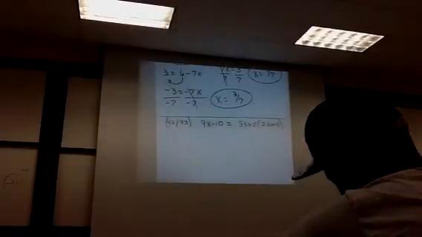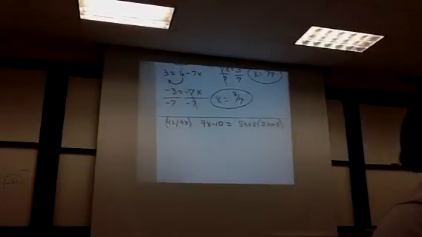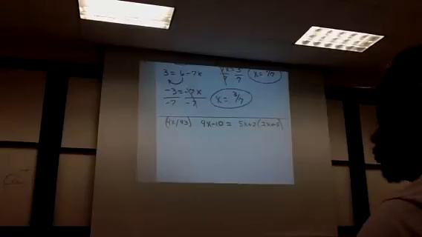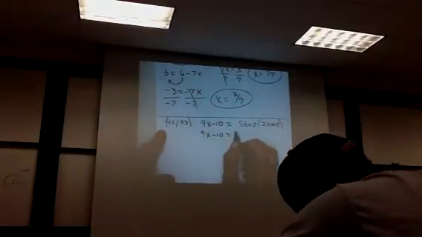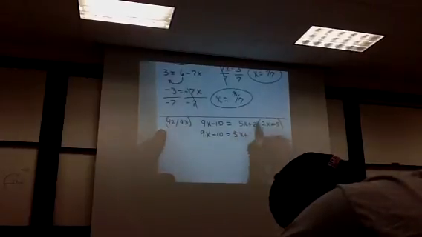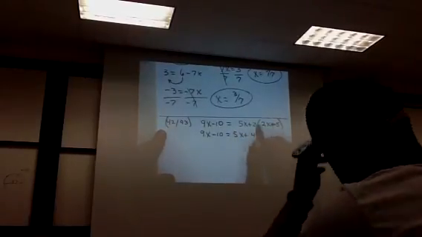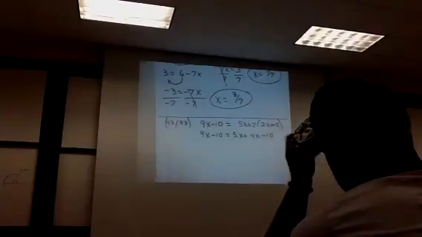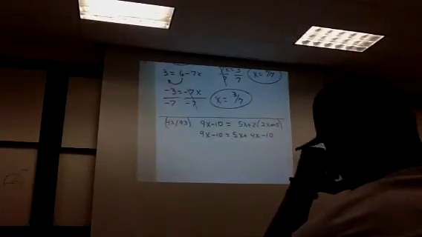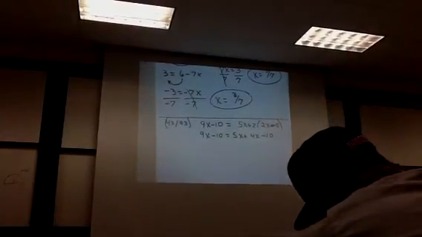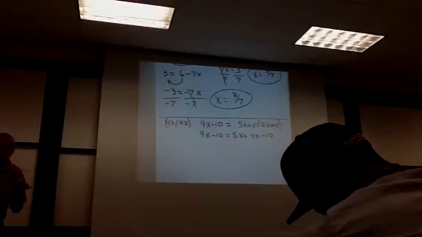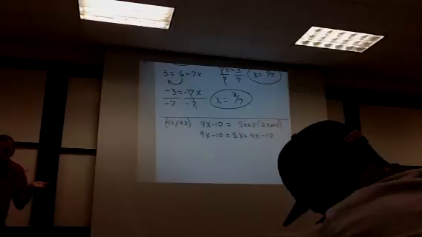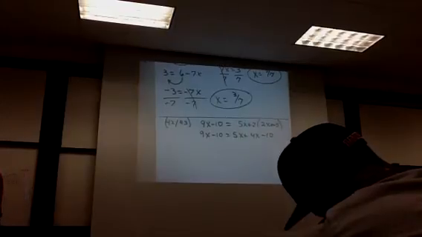Hey, what do you have to do first? A little distributive property. Let's do that. That's 4x. That's minus 10. What are you going to do next? You've got some terms to combine.